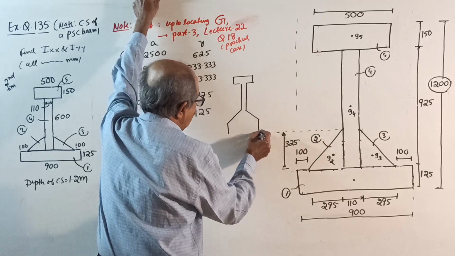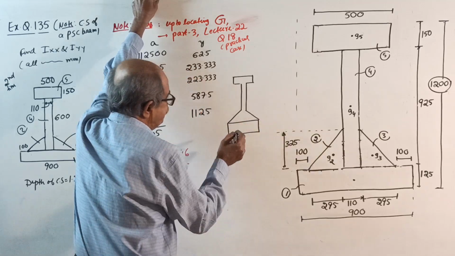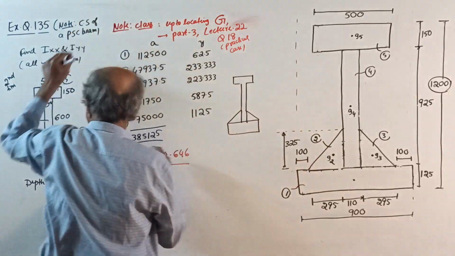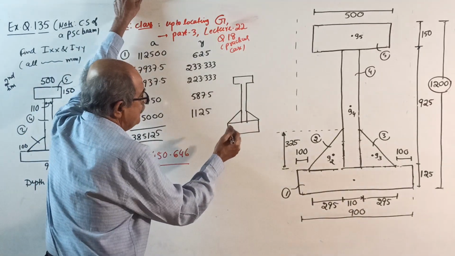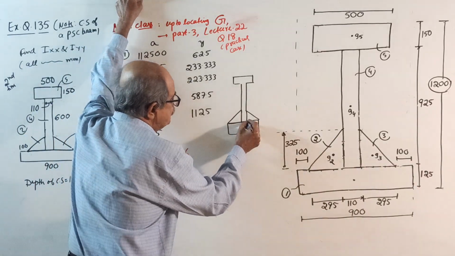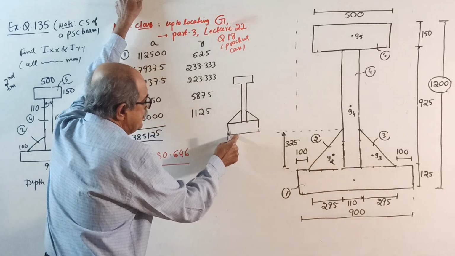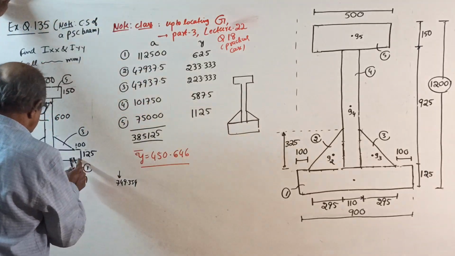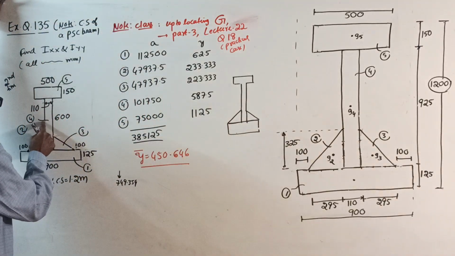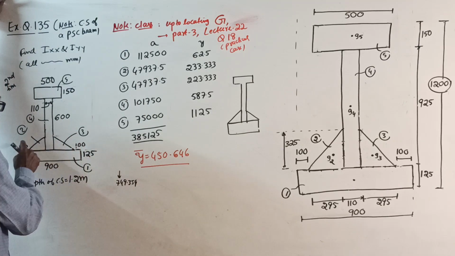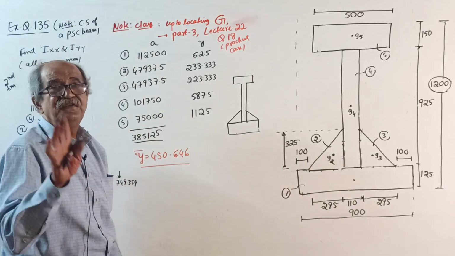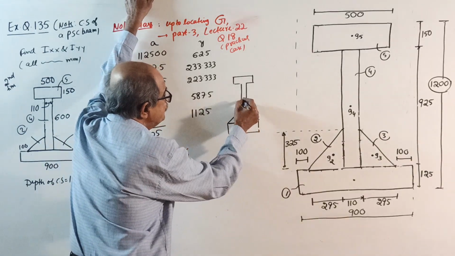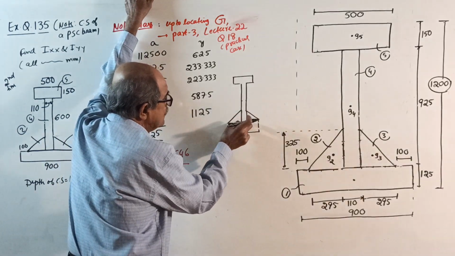When you divide into parts, where there is no offset, the base width will be the total width minus 110. Here also, 900 minus 110, and the 100, 100 offsets are not there. Whatever base width is given, subtract this thickness, divide by 2, and enter the values here.